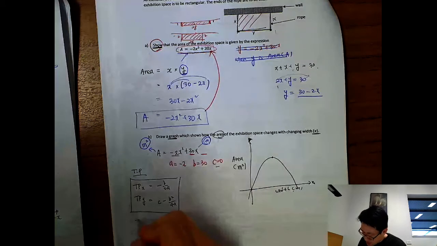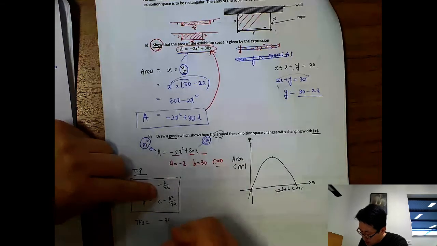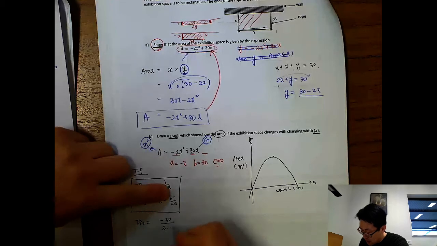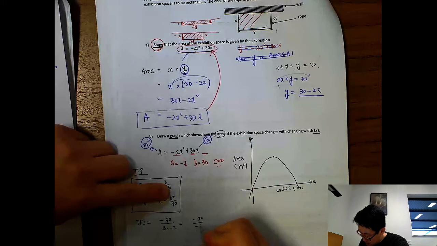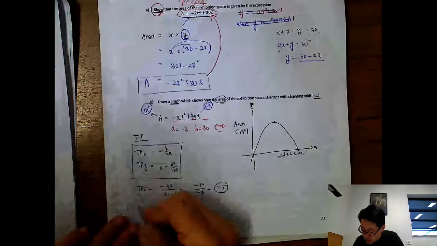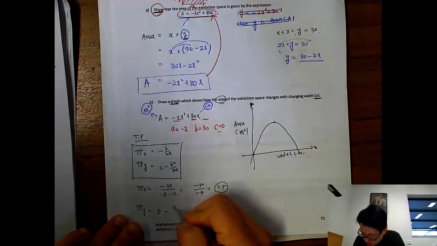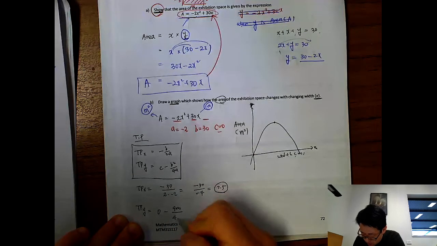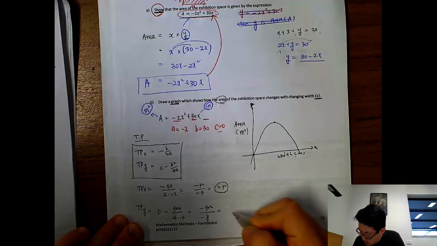And then let's get that. So turning point x equals minus b, 30, over 2 times a, minus 2. Therefore, we have minus 30 over minus 4, negative negative positive, 7.5. And next one, turning point y equals 0 minus 900 over 4 times minus 2, which is minus 900 over minus 8.